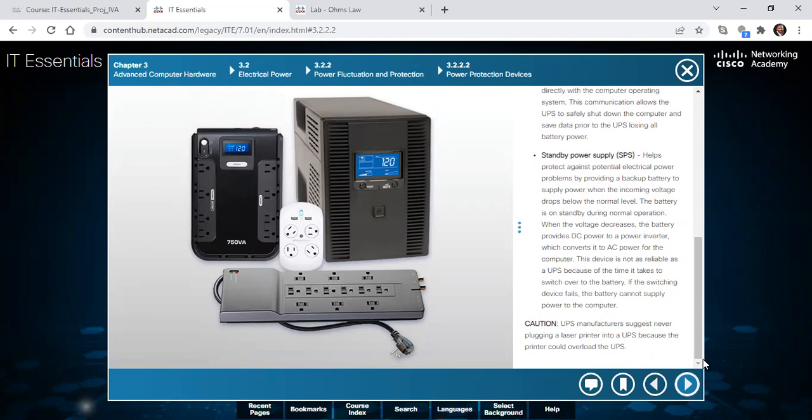When the voltage decreases, the battery provides DC power to a power inverter, which converts it to AC power for the computer. This device is not as reliable as a UPS because of the time it takes to switch over to battery. If the switching device fails, the battery cannot supply power to the computer.